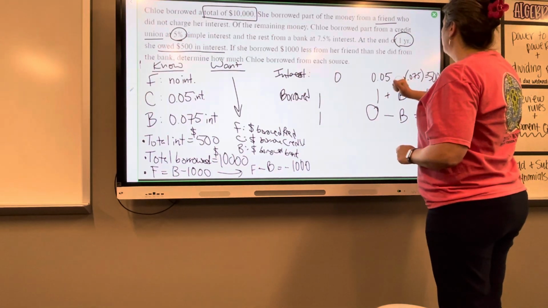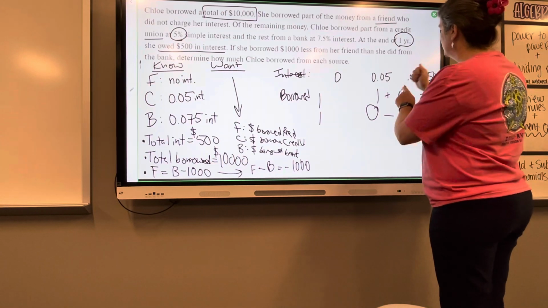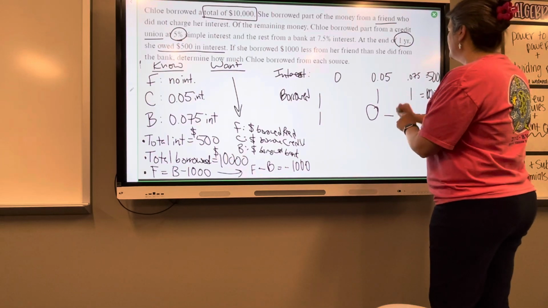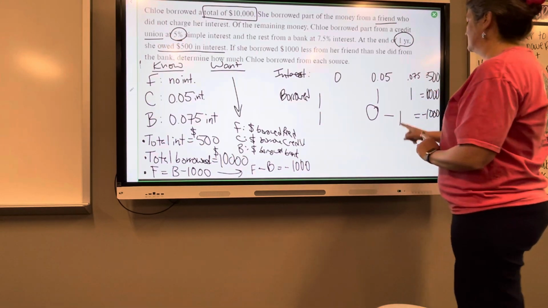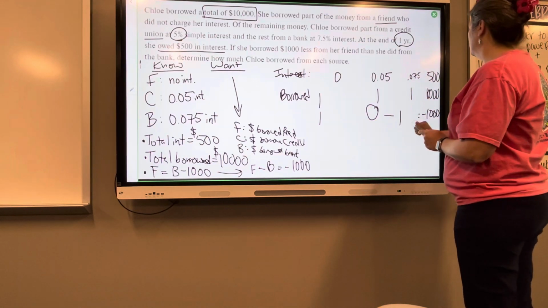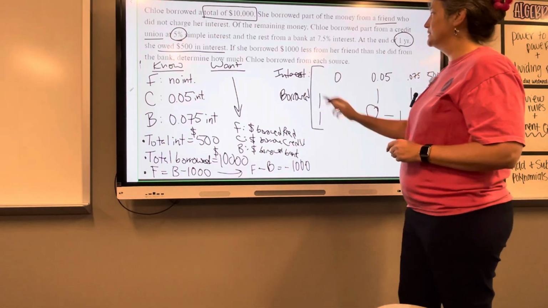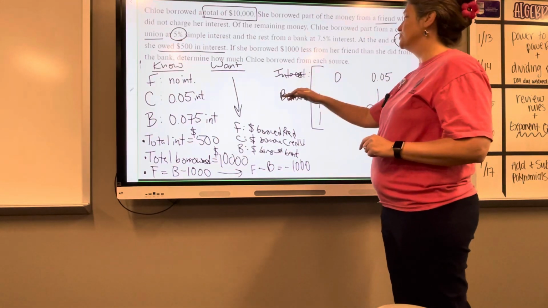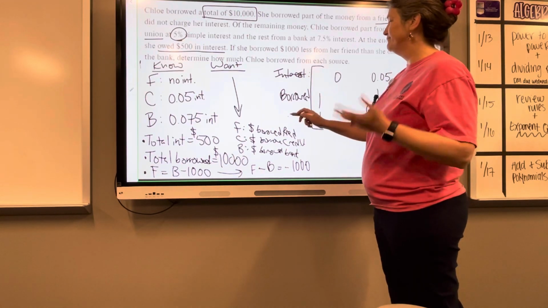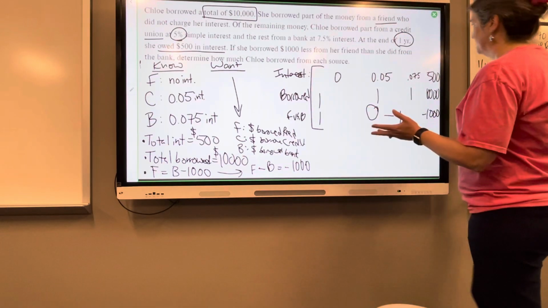And now I'm erasing my B's to get the 0.75. This has to be a 1 for B because there's a B there, and this will be a negative 1 because it was a negative B. Don't use equations. Don't use equal signs. All right, fully abstracted matrix. I have my row for the interest relationship, my borrowed money relationship, and then also the friend versus bank relationship. Great.